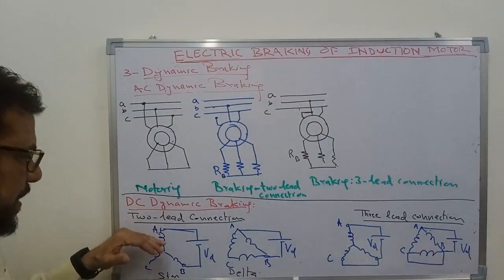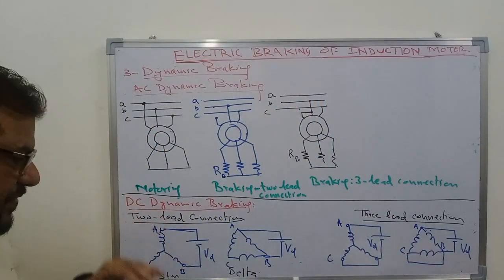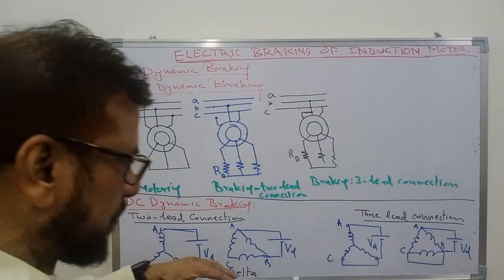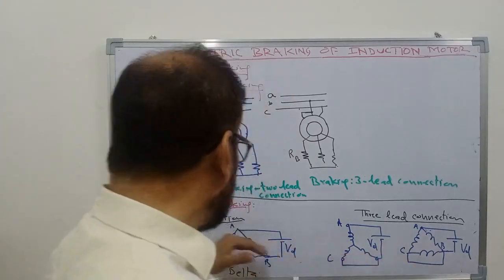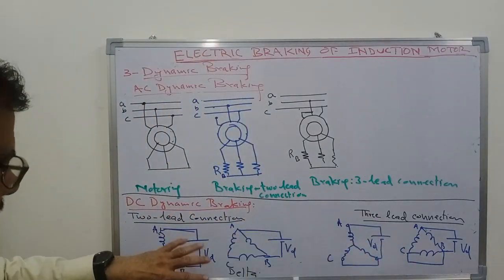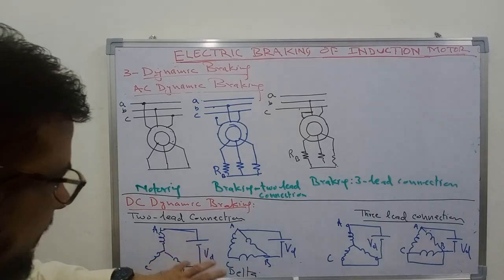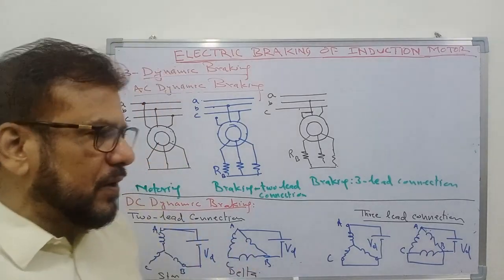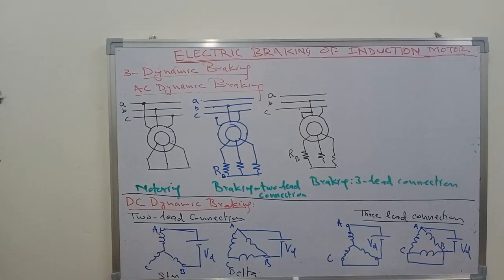In DC dynamic braking, the supply is DC, and I have shown here two types of connections, two-lead connection and three-lead connection. Here the working is different.